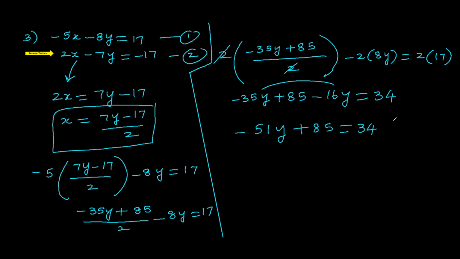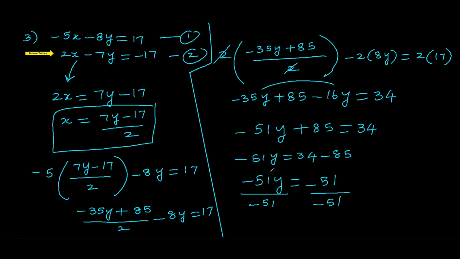Now bring the 85 to the right side, minus 85. 34 minus 85. What is 34 minus 85? Negative 51. Because the difference between 85 and 34 is 51, and the larger number is negative 85, that's why negative 51. Now divide both the sides by negative 51.